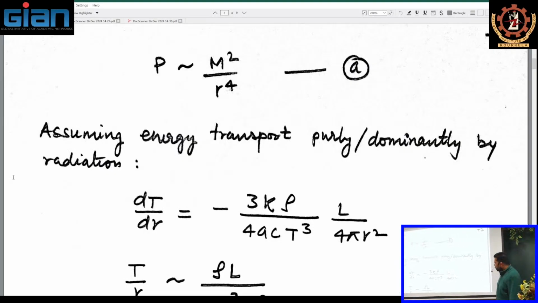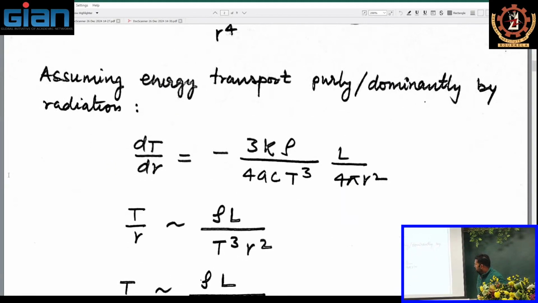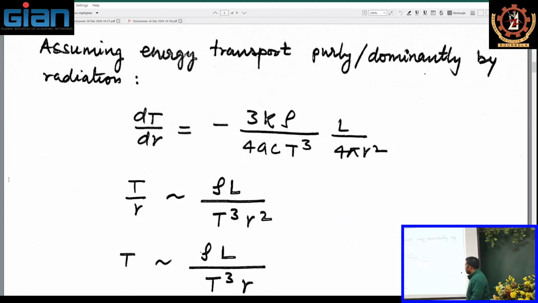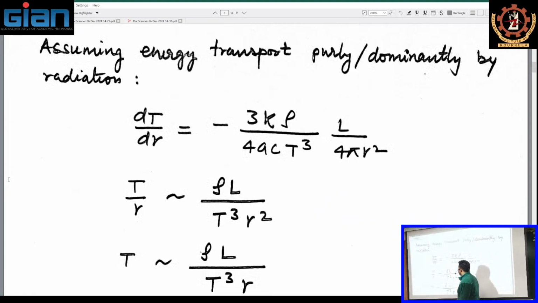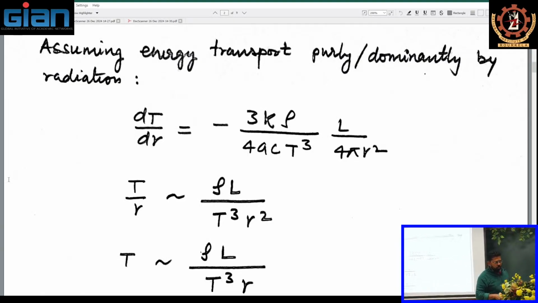After dropping all the constants here, we can write this expression as T by R proportional to rho times L, the luminosity, divided by T cubed times r square. So we are dropping the 4ac term, and we are neglecting at the moment the dependence on opacity.